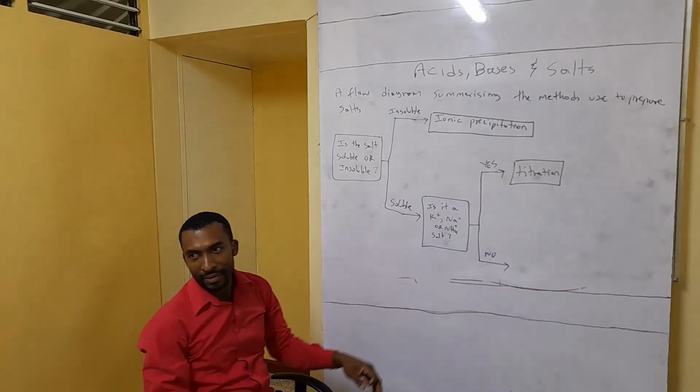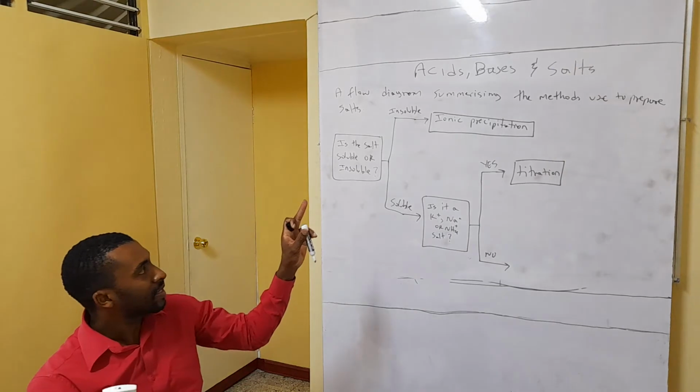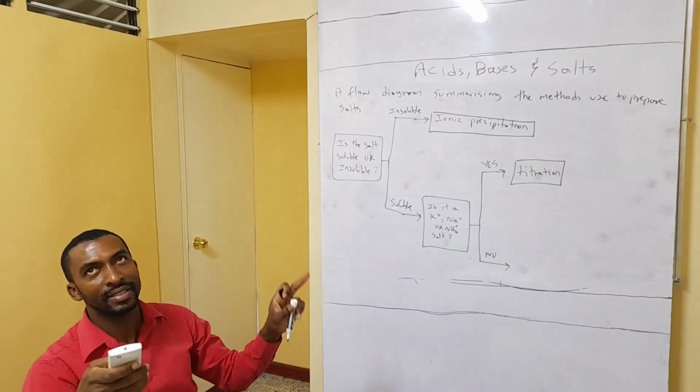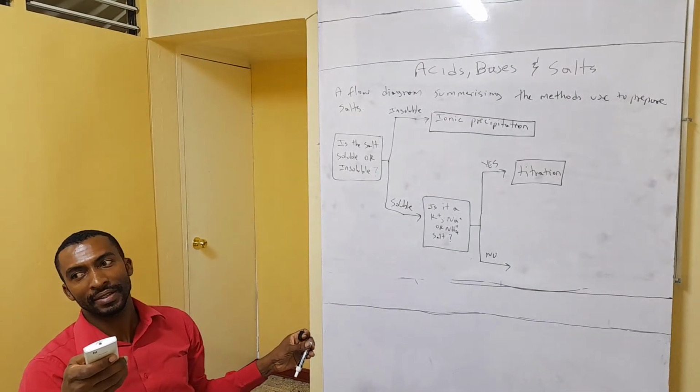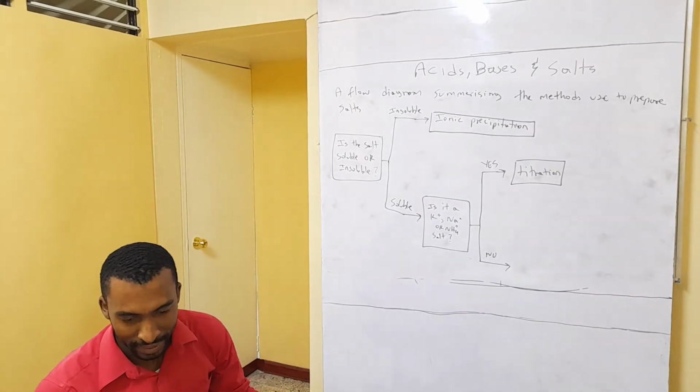So it's 2 methods we have seen thus far, alright? So we see one method is ionic precipitation, the second method is titration. Following? So 2 methods we have looked at so far, right?